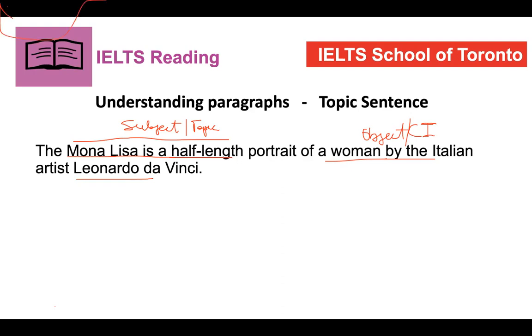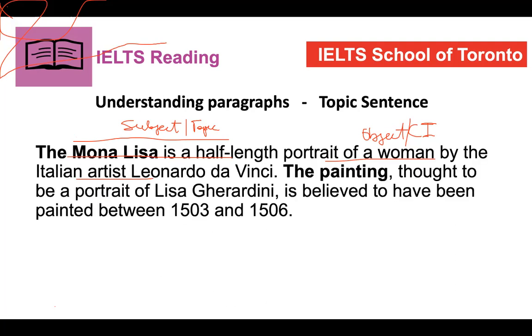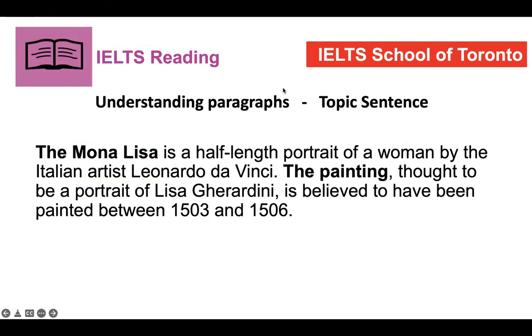Okay, so in a minute, I'll display the second sentence. Here it comes. So we've got the subject and we've got the object. And the second sentence, this is the actual second sentence.